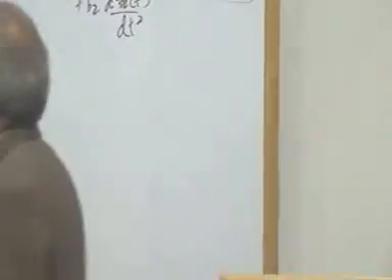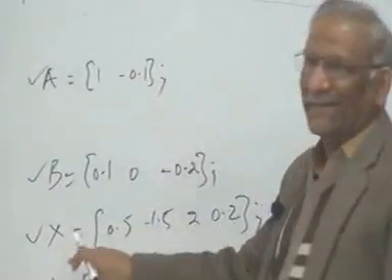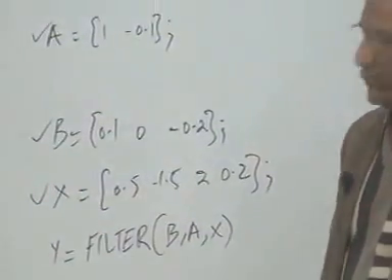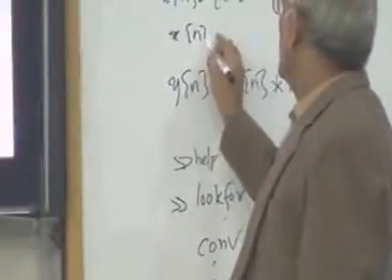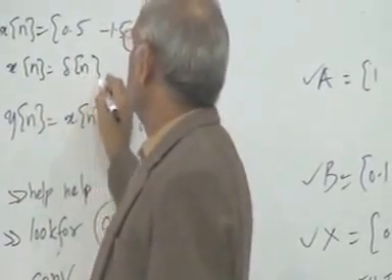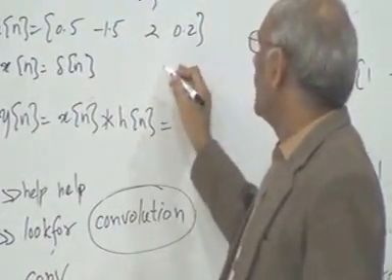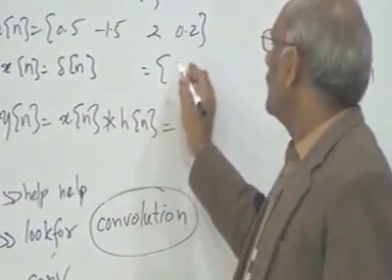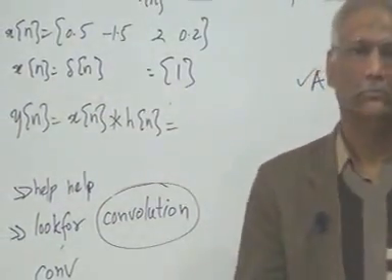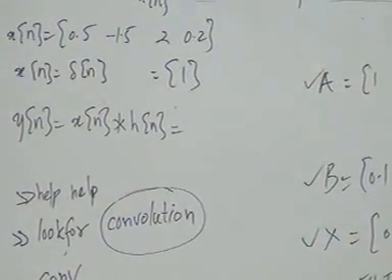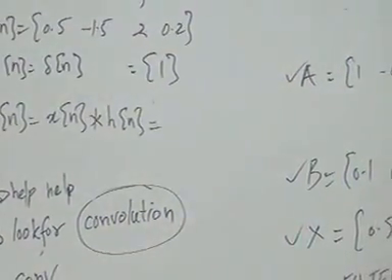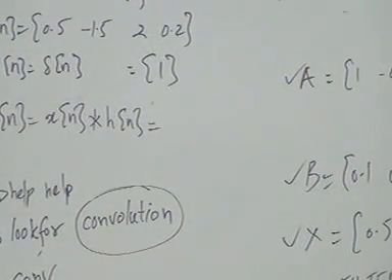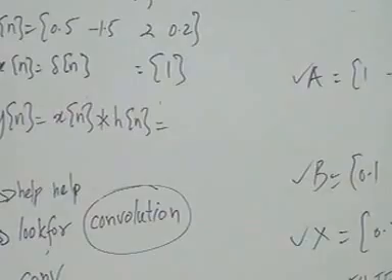If you take x of n as delta n, and delta n, if you want to write it another way, it will be like 1. That's it. So if input is delta n, the output will be the response to delta n, or impulse response.